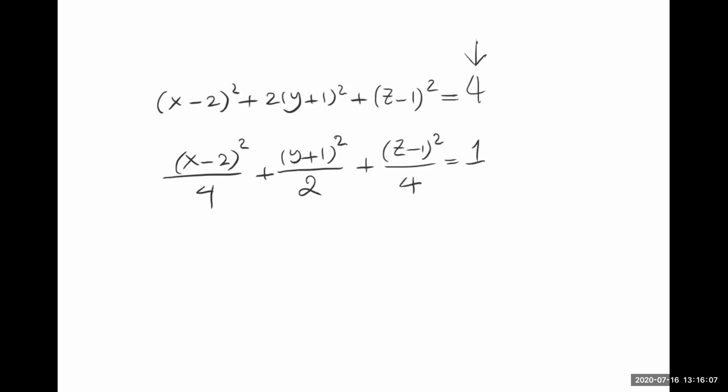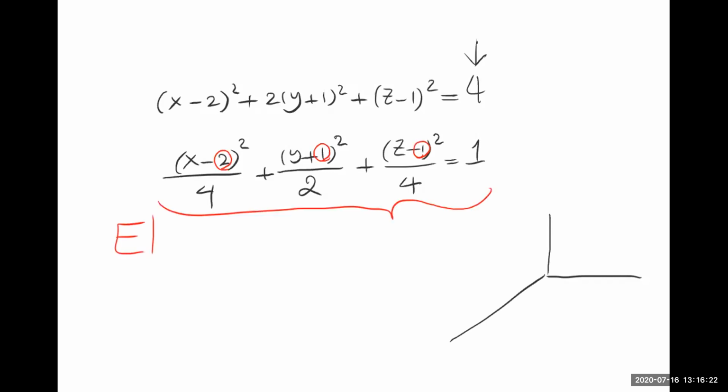Okay, just like the sphere, these numbers here give us the center of this thing. First of all, this thing is an ellipsoid, right? This is an ellipsoid. And then we can find the center of this ellipsoid. We should write it as x minus something, for example.